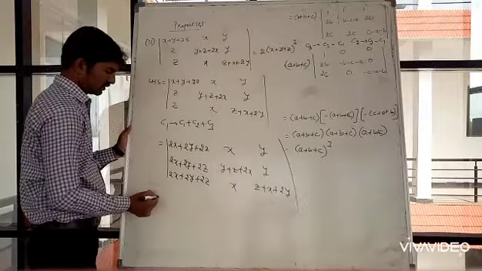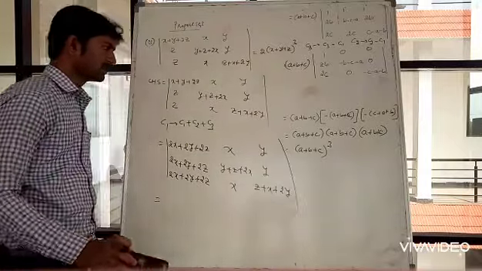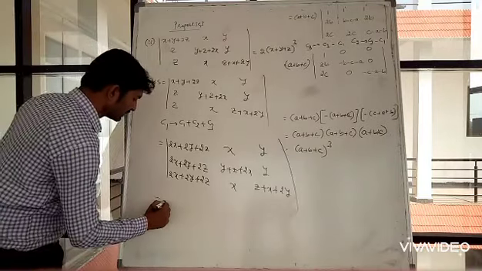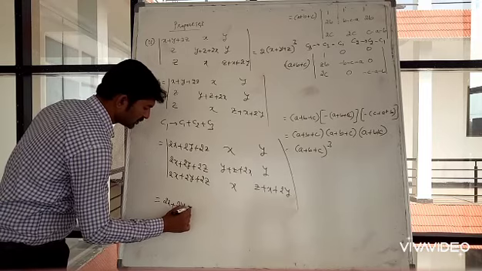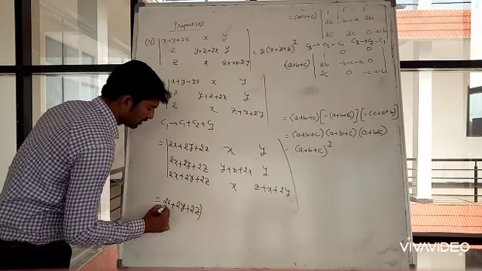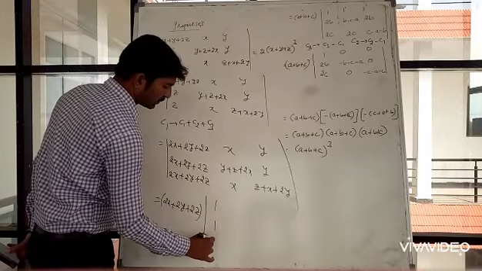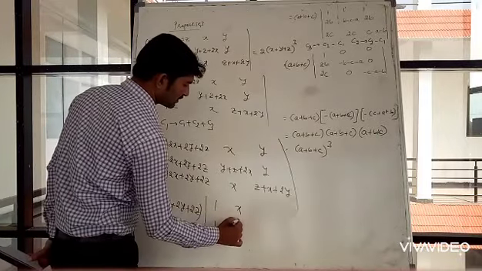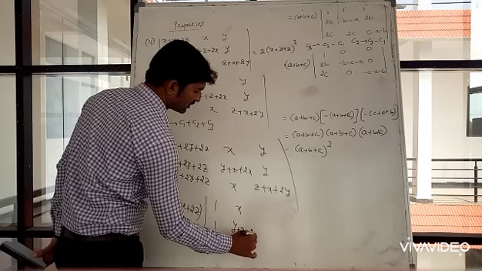Okay. Then what is common? In the first column, 2x plus 2y plus 2z is common. Take it outside. 2x plus 2y plus 2z, which is common. Determinant 1, 1, 1, x, y plus z plus 2x.